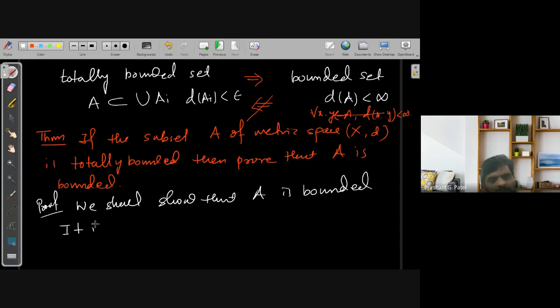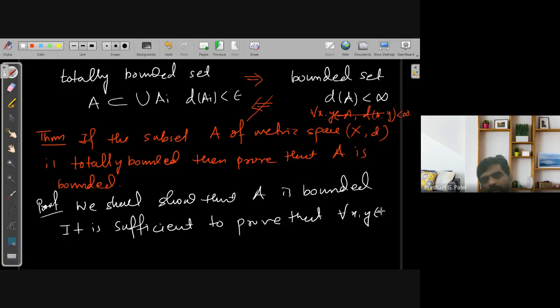It is sufficient to prove that for every point x and y in A, d of xy is finite. That is our objective. We will prove this.